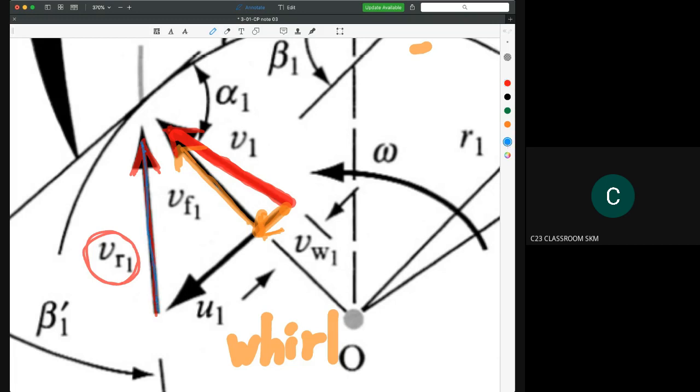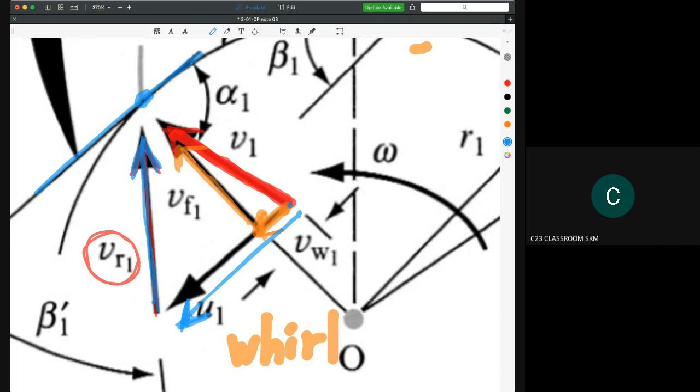This is the velocity relative to the shape of the blade. And from here to here is the velocity related to the rotation of the impeller. So it must be tangent to this one.